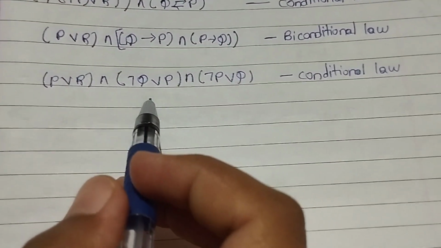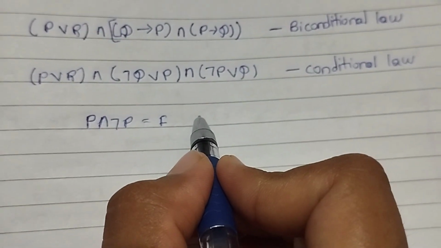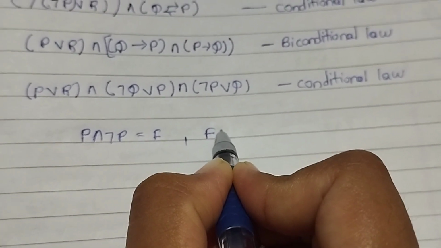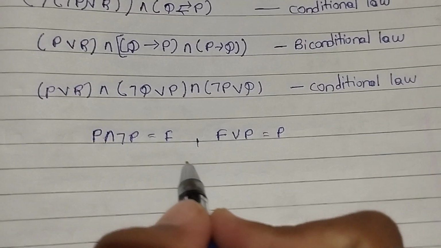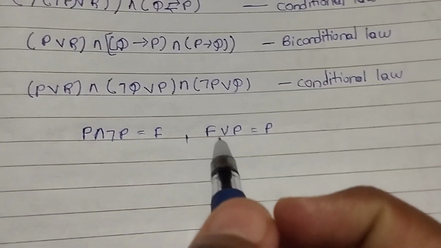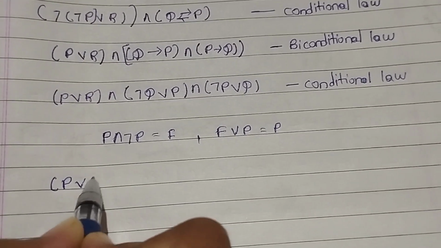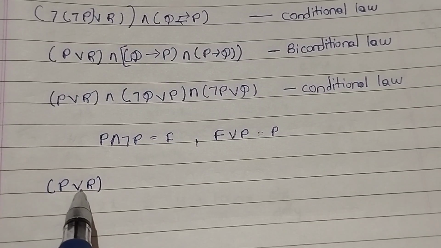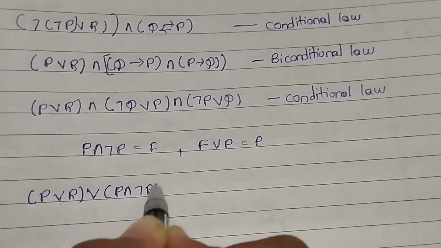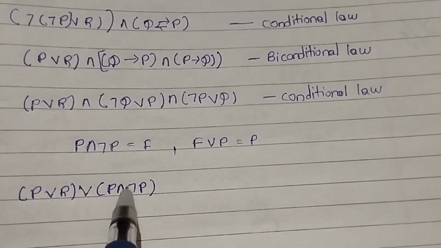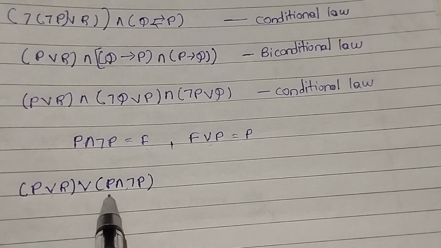Or second, we know P and negation P is equal to F, and F or P is equal to P. If we use those formulas in the equation, the bracket P or R we write as it is, ORing with P and negation P. There is no effect on the equation, because P and negation P is F, and F or P is equal to P. We know the results, so that's why we use it here.